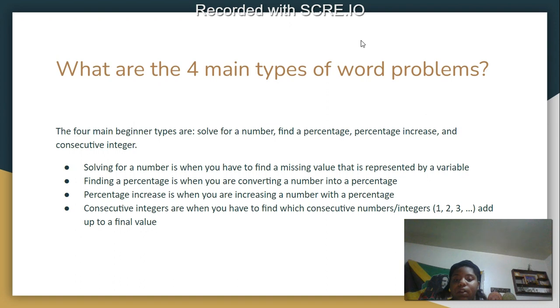Percentage increase is when you are increasing a number using a percentage, like you add the number to the percentage. And consecutive integers are when you have to find which consecutive integers. An example would be 1, 2, 3, add up to a final value.